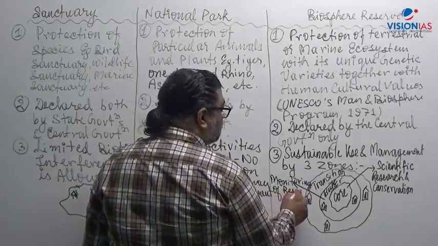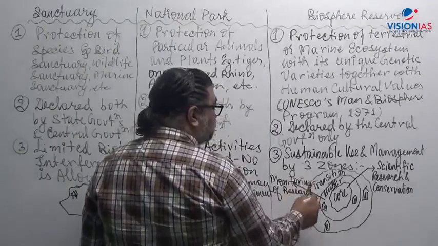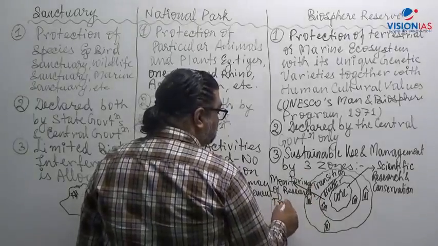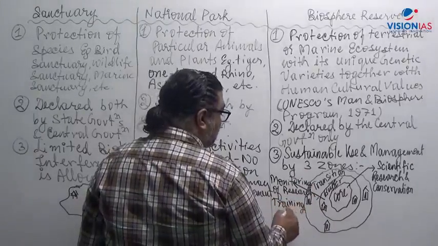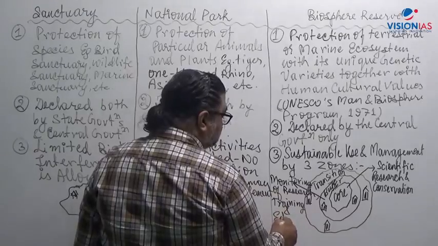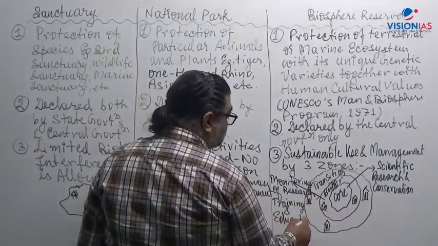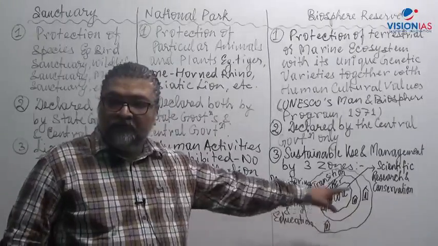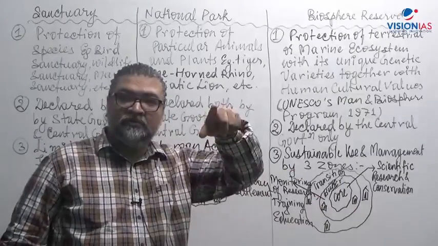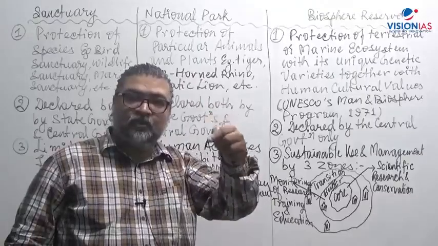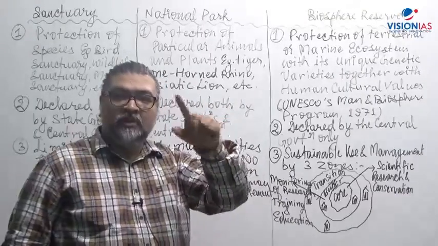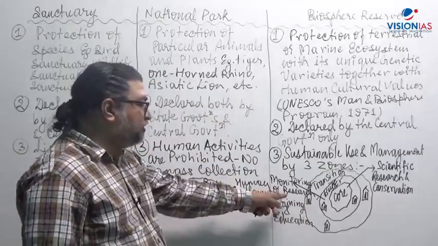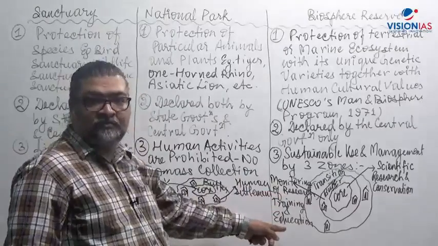Whatever scientific research is there, that is monitored. It is also used for training and education purposes. I repeat, the buffer area adjoins the core area. In a biosphere reserve, outside the core area will be the buffer zone. And the buffer zone is used for monitoring of research, training and education.